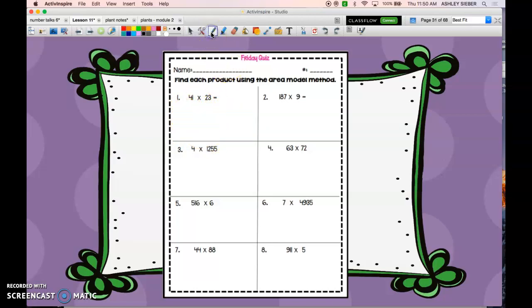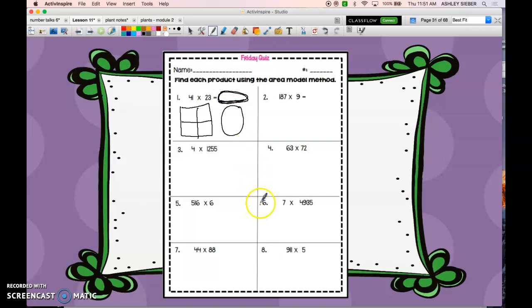Make sure you use your space wisely. So you're going to have an area model, and this is a 2-digit times 2-digit, so it's going to be a square. You're going to have your addition, and then your final product is going to go up here. Make sure it's very obvious what your final answer is.